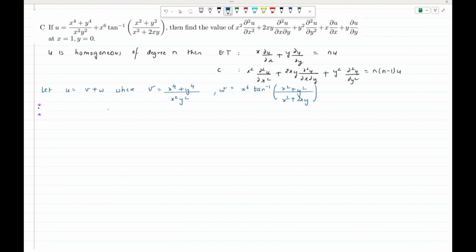We will first discuss v and check its homogeneity, whether it is homogeneous, and if yes, then what is the degree of homogeneity.